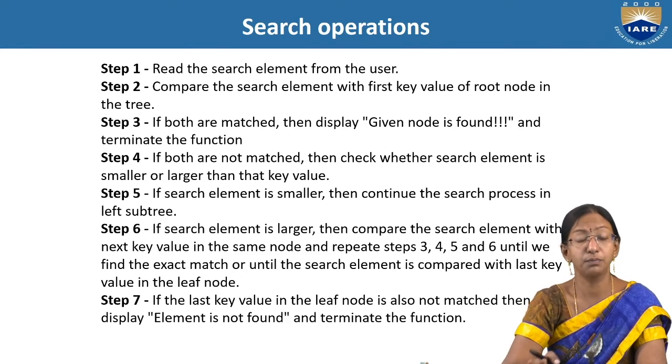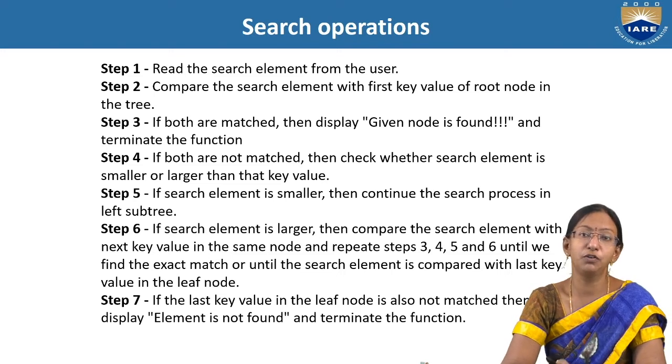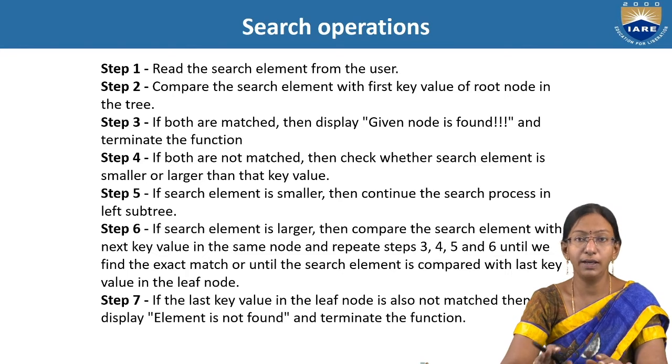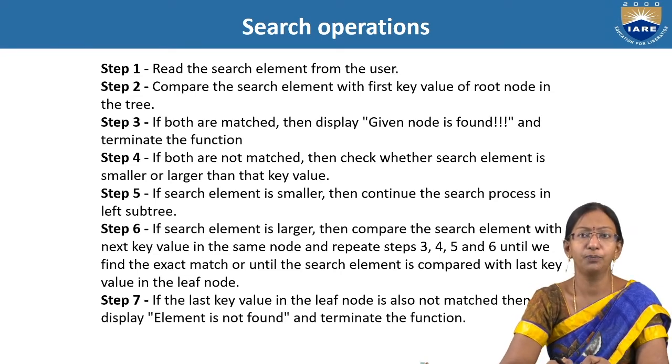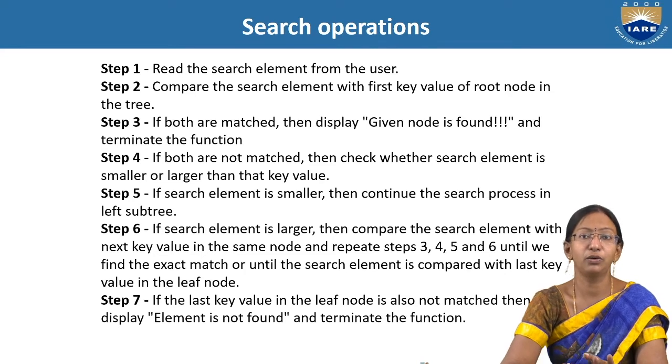If there is a hit, that means if you found a match for the element you are searching for, then the search is over. Or else, identify the key which has a value nearer to your search value. If a match is not found, search for an element smaller or larger than that key value, as I said, so go to step number 5.